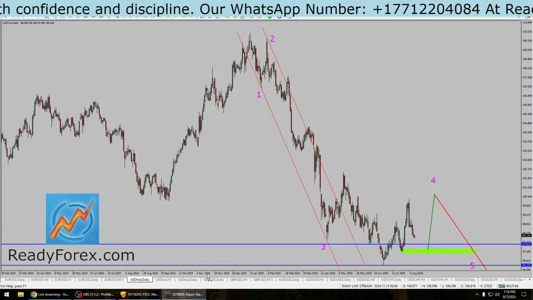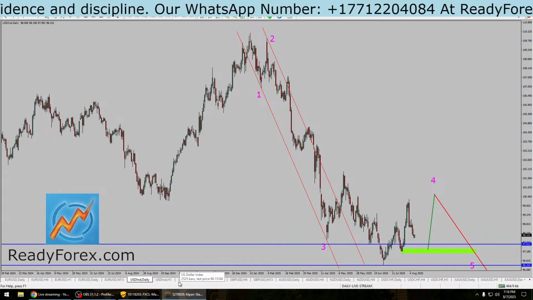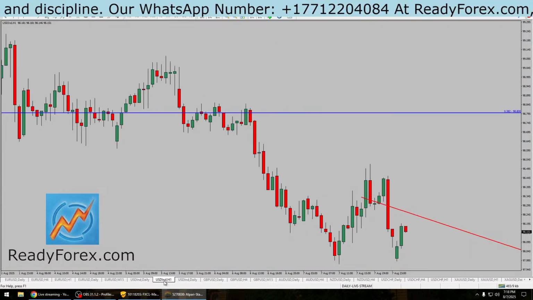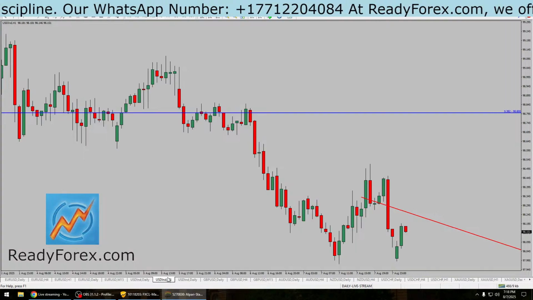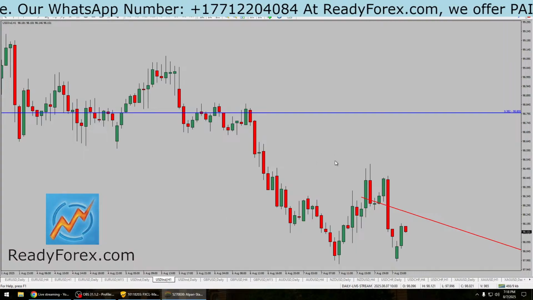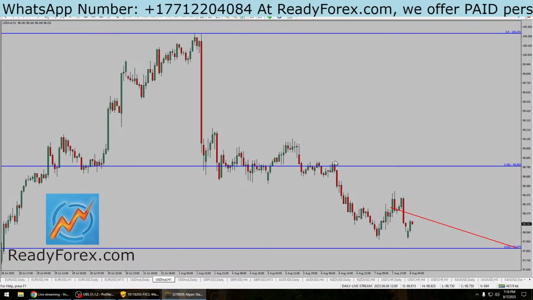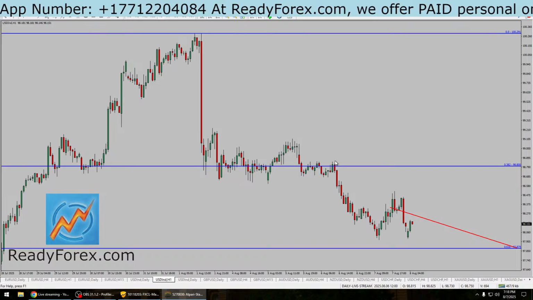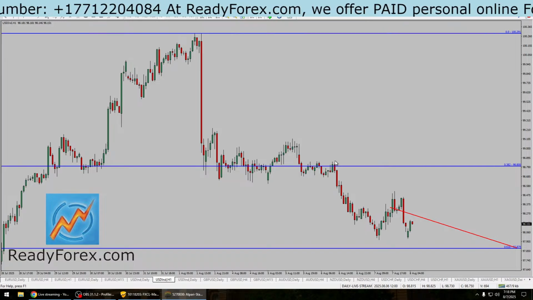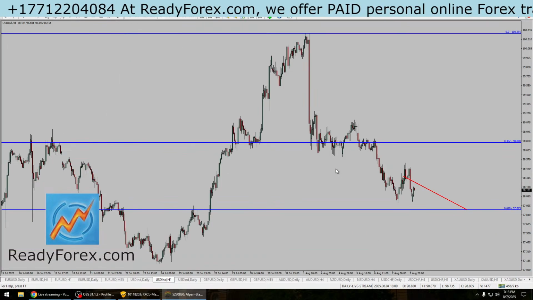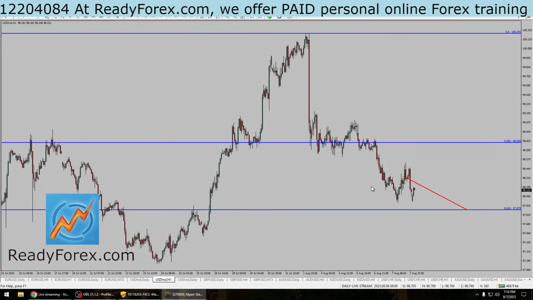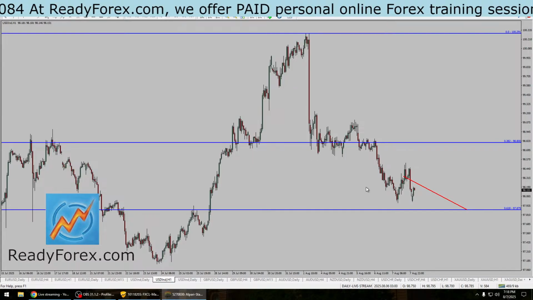I'm going to show you the 1 hour chart of the US dollar index. So this is our time frame, and we got this leg over here, and then further. My forecast is bearish for USD.